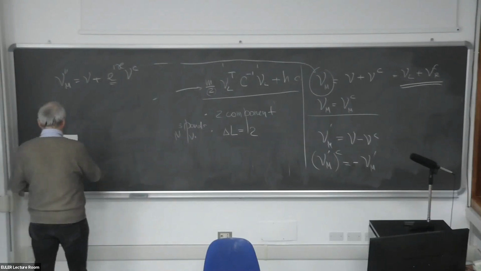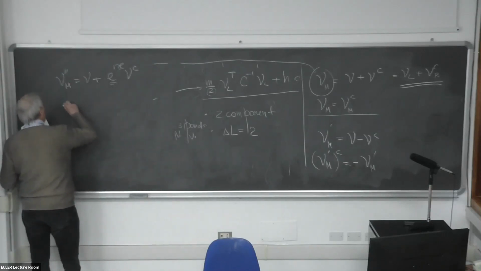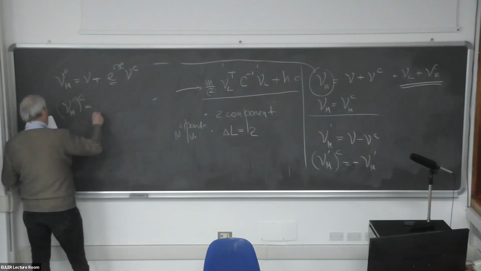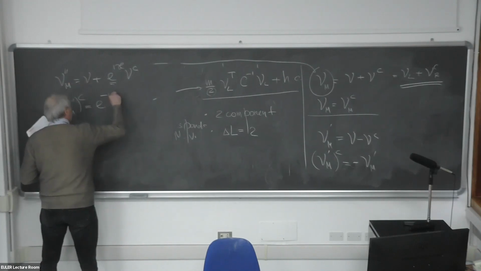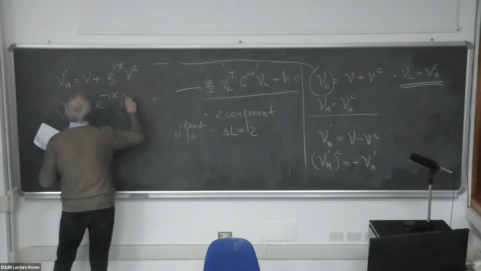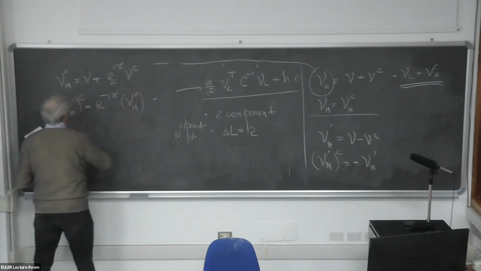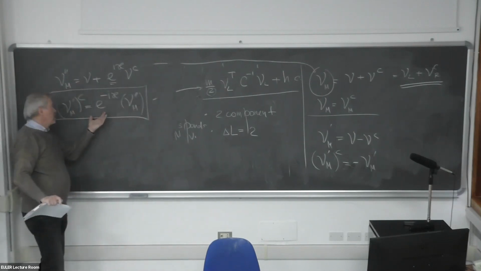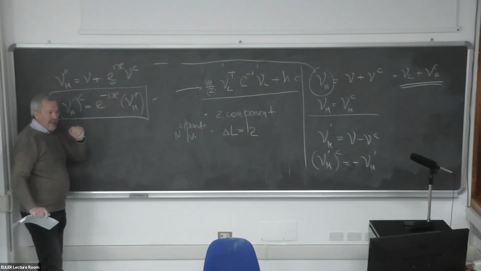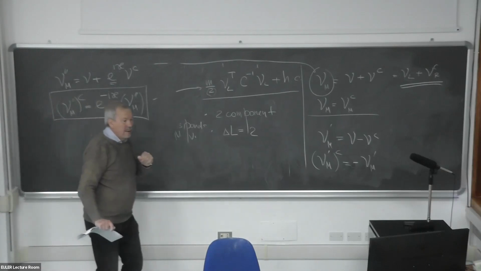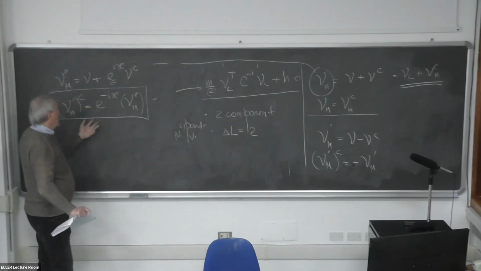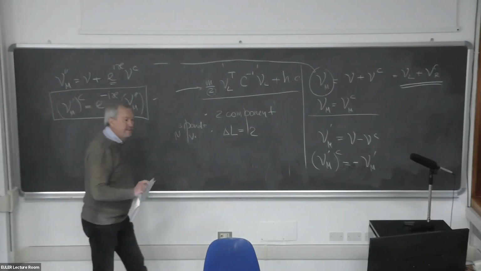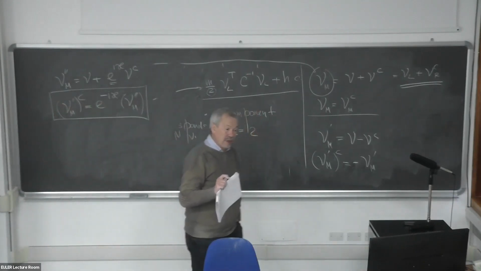Then the Majorana condition will be nu m prime C equals minus kappa nu m. So this is a more general form, right? If kappa is 0, then you have the standard one. If kappa is pi, then you will have a minus sign here. Okay? So this is more general.